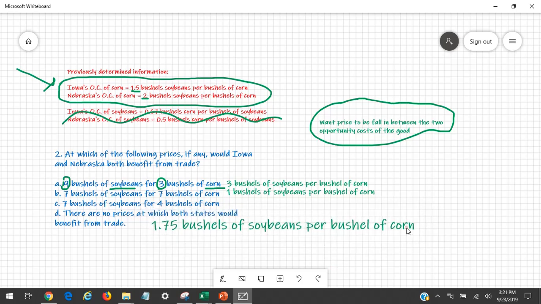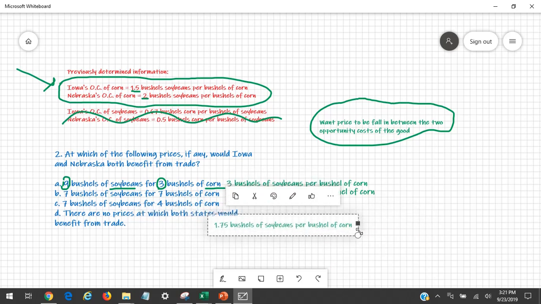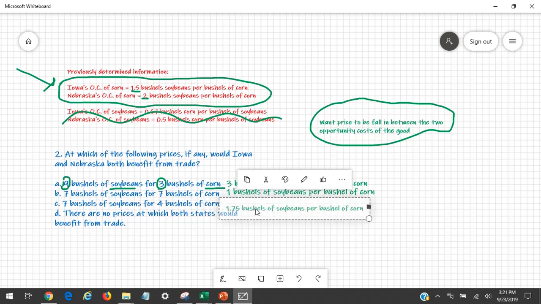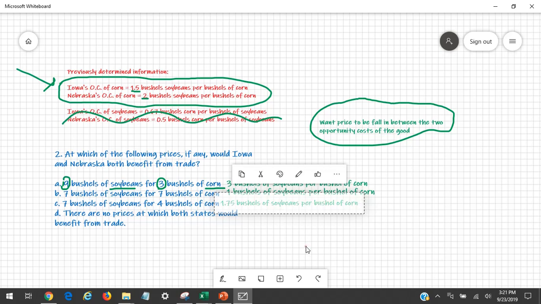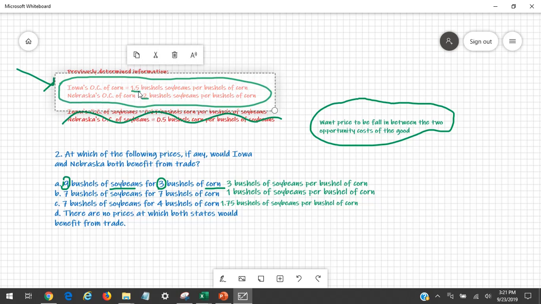Okay, so once you've gotten all your answer choices into decimal form, now you want to compare them and find which one falls in between your two opportunity costs. So the first choice, 3, is greater than Iowa's opportunity cost and Nebraska's opportunity cost. It's greater than 1.5 and it's greater than 2. So that is not going to be the answer.